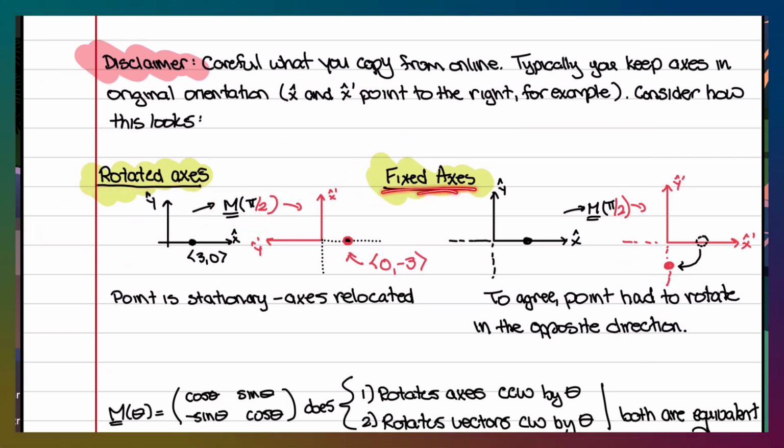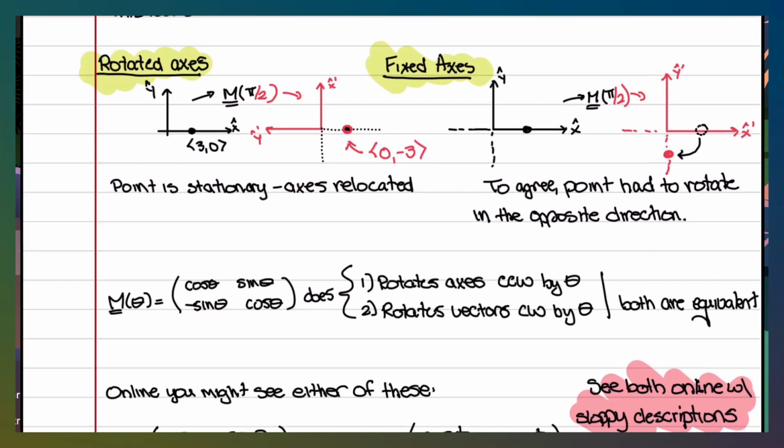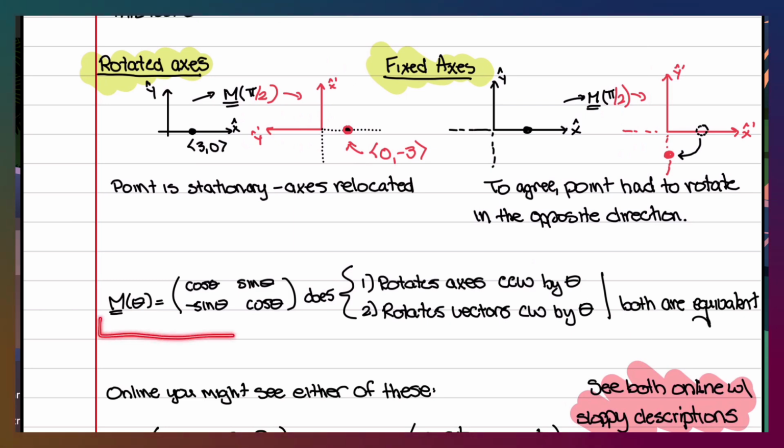If you want to write the axes in the same directions, x right and y up, then you can think of this same matrix as taking the vectors and rotating them by 90 degrees clockwise. So these are two equivalent ways of stating things. This rotation matrix rotates the axes counterclockwise by theta, or it rotates vectors clockwise by theta. Both are equivalent.